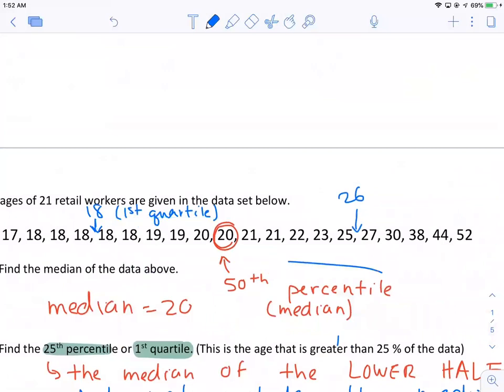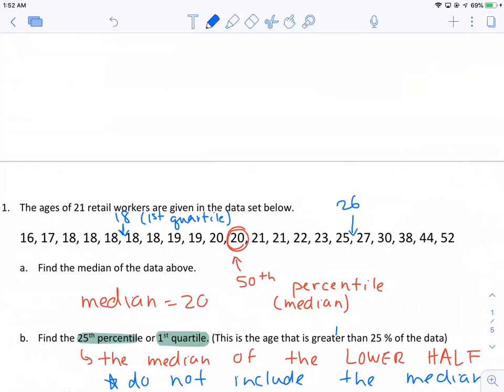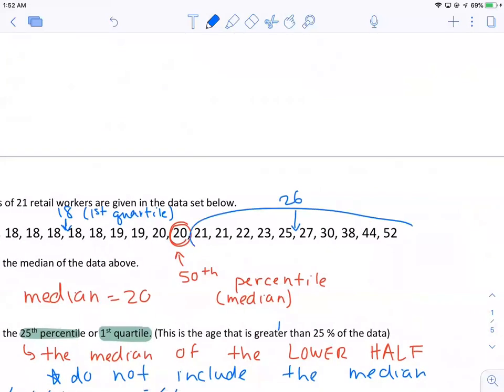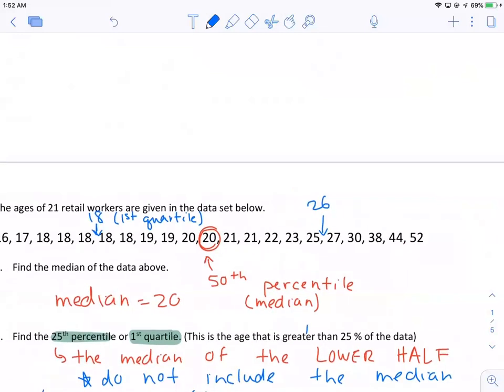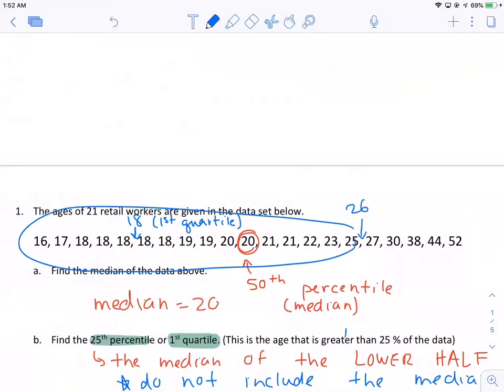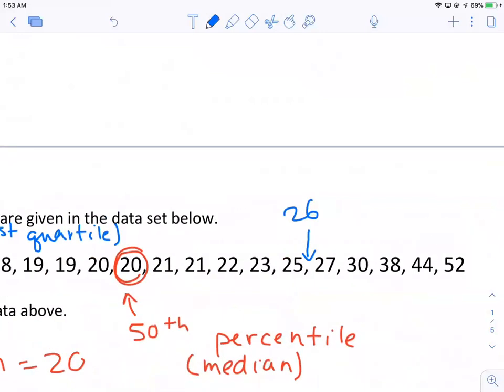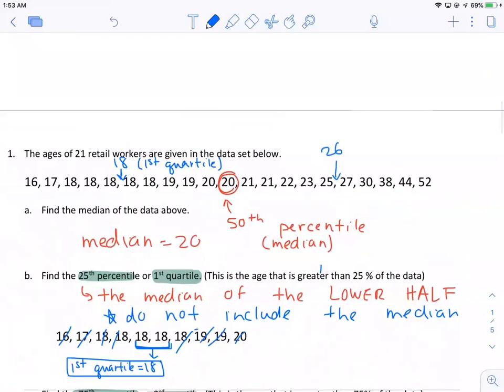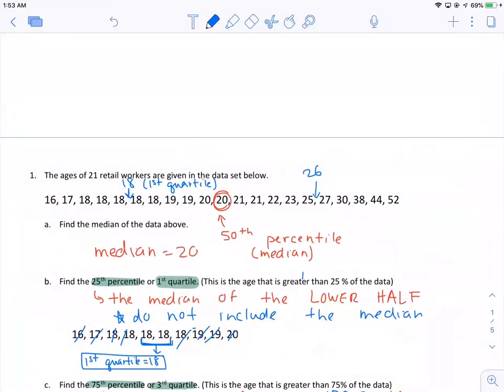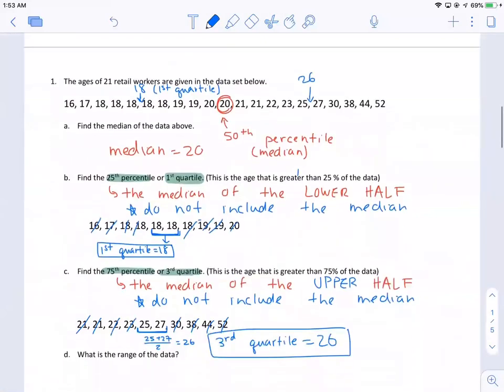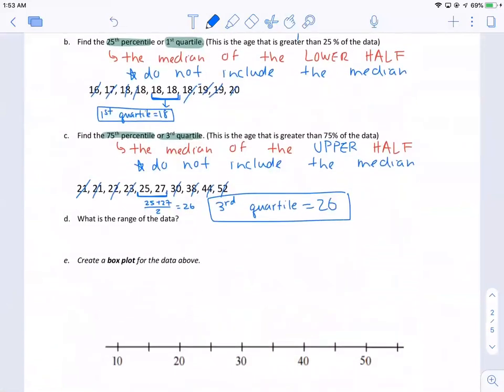The median is the 50th percentile right in the middle, so 50% of our data is below the median and 50% is above. Third quartile just means 75% is below, 25% is above. Another name for that is the 75th percentile. It's percentile, not percentage. I know it's a lot of vocab, but that's all it is.